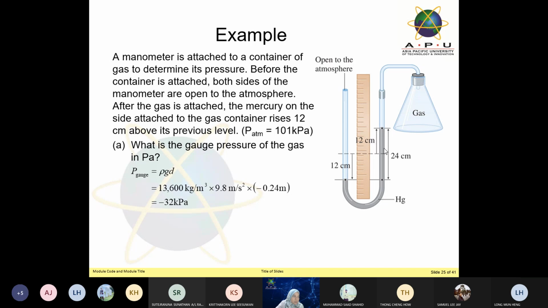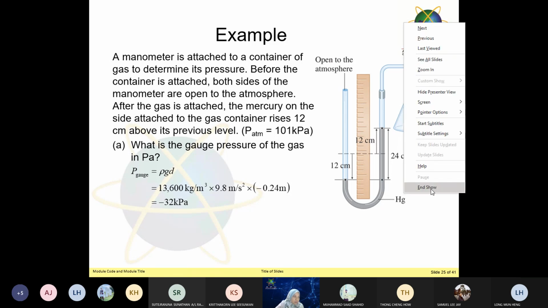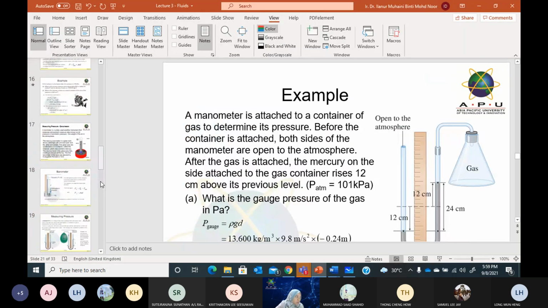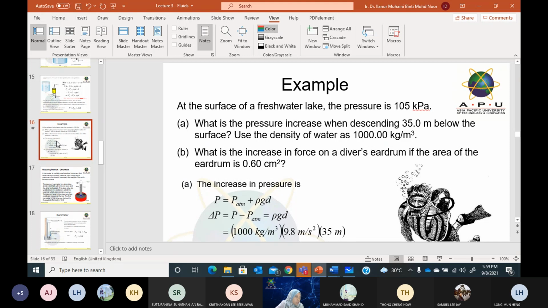Because it rises up. If it goes down, just now the one in the lake, okay, wait. Open back the one with the lake.